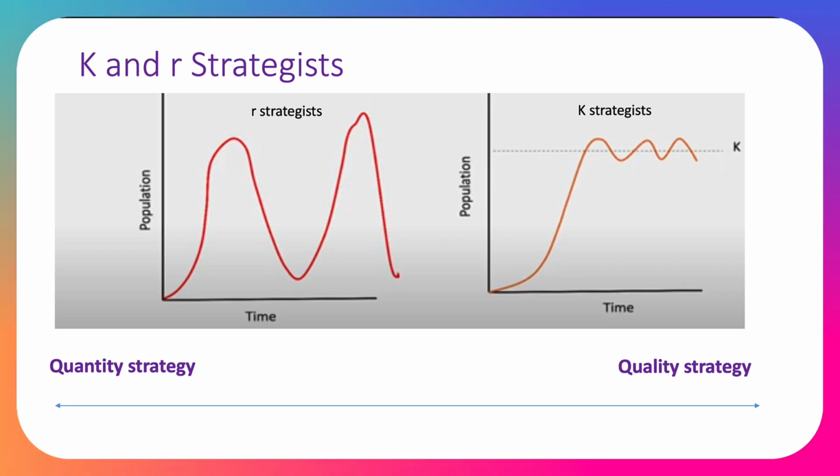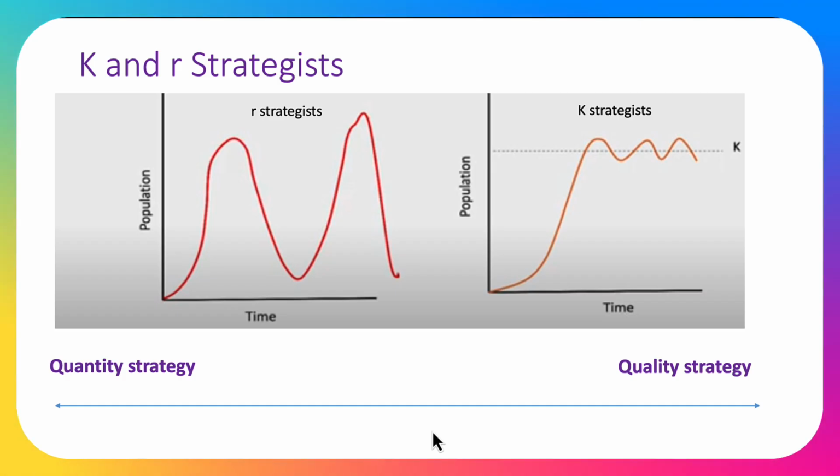Now, I'll leave you with this thought: the R strategists, their strategy is about quantity of offspring, and the K strategists, their strategy is about quality of offspring. How do we remember? R for rats, R for rabbits. That's the best way for me to remember it.